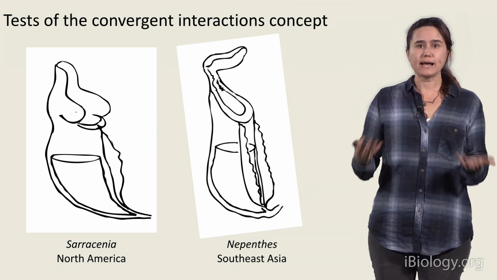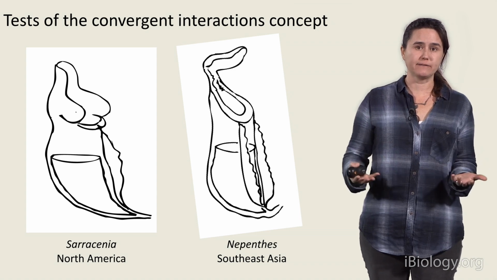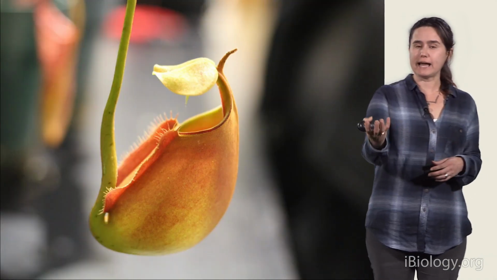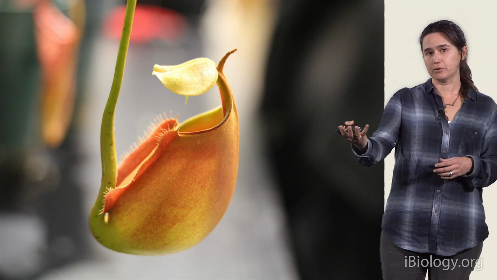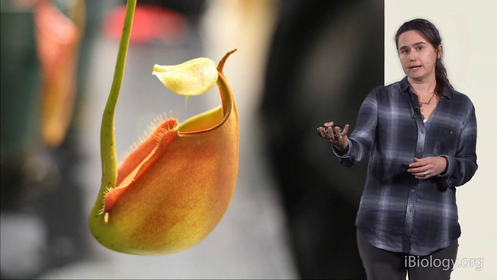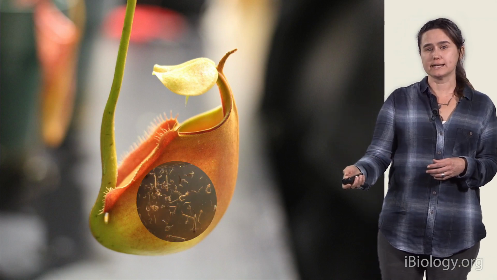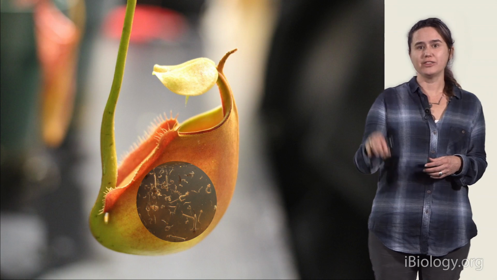So why does a pitcher plant have a pitcher? Why does it have these pools of water inside it? A pitcher is basically a habitat sitting out on the landscape with this water inside it, and things fall inside the pitcher. Insects fall inside the pitcher, and they're eaten.